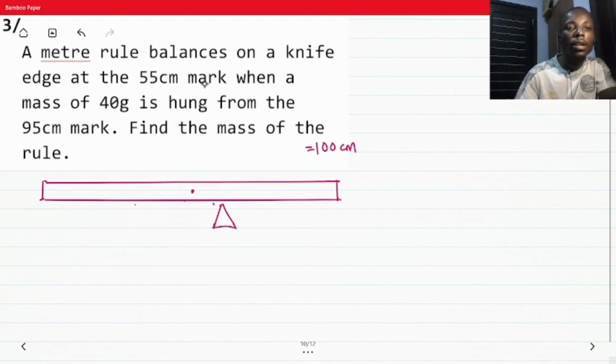And when a mass of 40 grams is hung from the 95 centimeter mark, it means that from this point to this point is 50. From this point to this point is 55. I think I should put that now. So I draw a line.